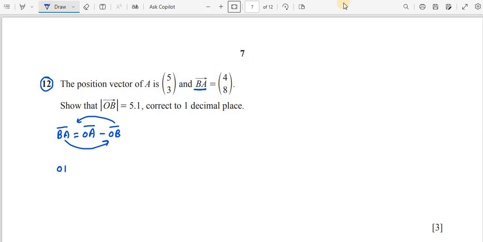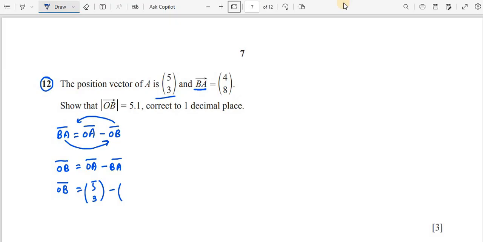So the final equation is OB is equal to OA minus BA. OA is (5, 3) minus BA.